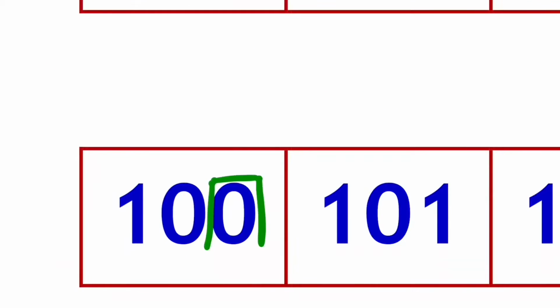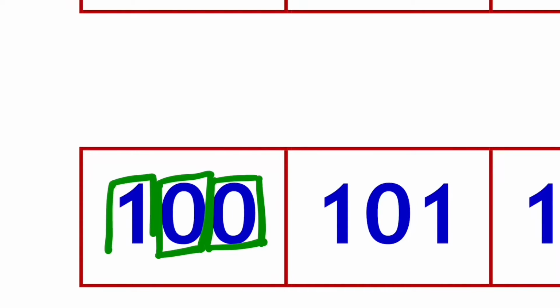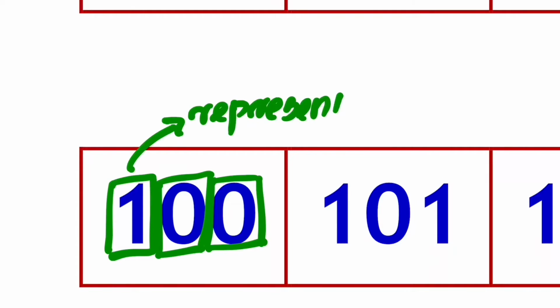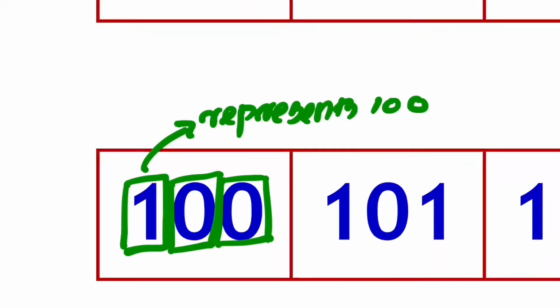Consider this number 100. The two zeros are representing nothing. If it is so, the digit 1 here should represent 100, which means the place value of 1 in this case is 100.